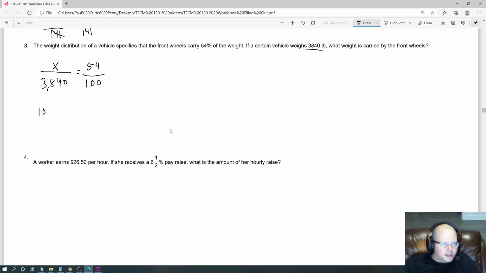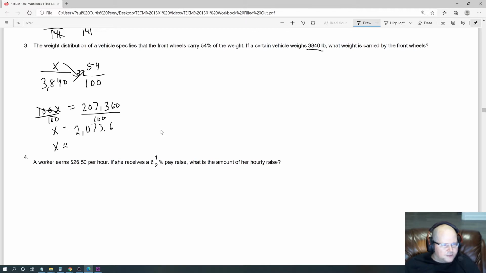Okay, so we cross multiply. 100 times X is 100X, and 3,840 times 54 is 207,360. We divide by 100, divide by 100, cancel, cancel. We end up with X is equal to 2,073.6 pounds.